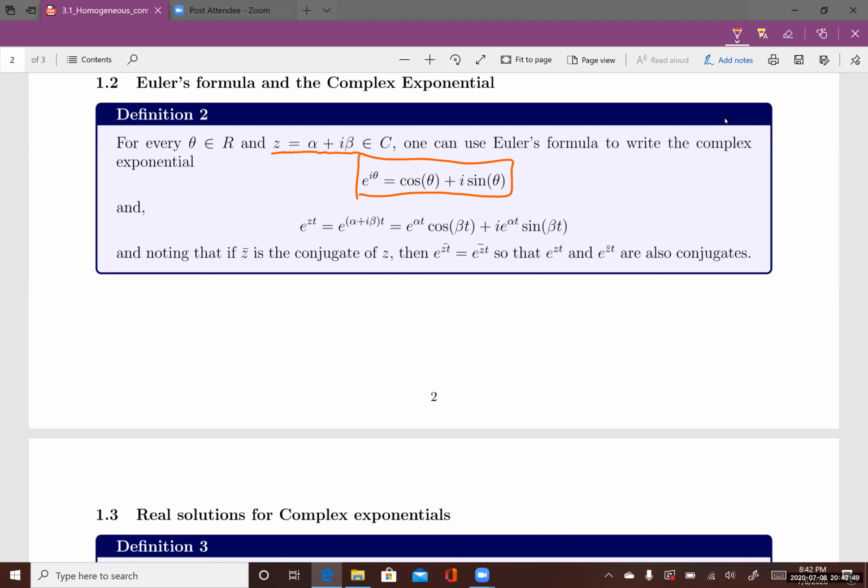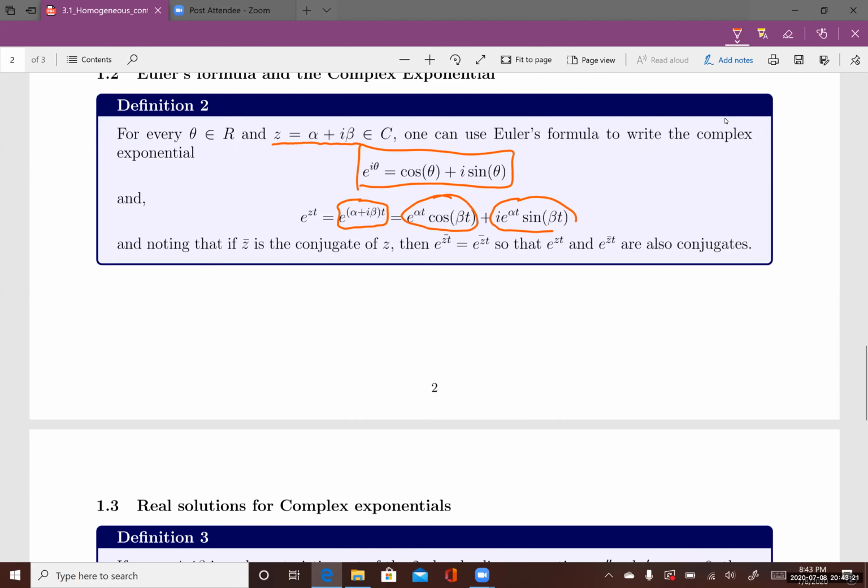So remember, if we have e to the zt, where z is alpha plus i beta, then we can express this exponential in terms of sine, cosine, and also exponential functions: e to the alpha t cosine beta t plus i times e to the alpha t sine of beta t. This is the real part, and this is the complex part.